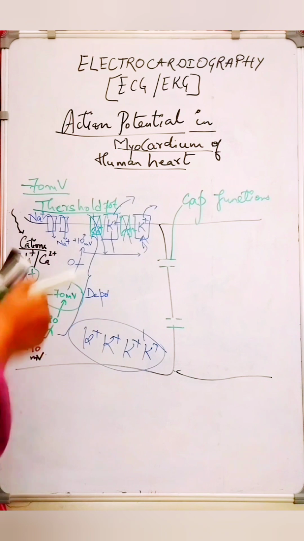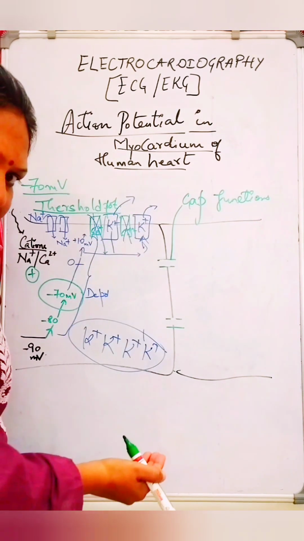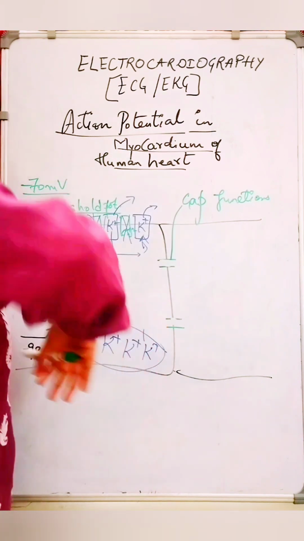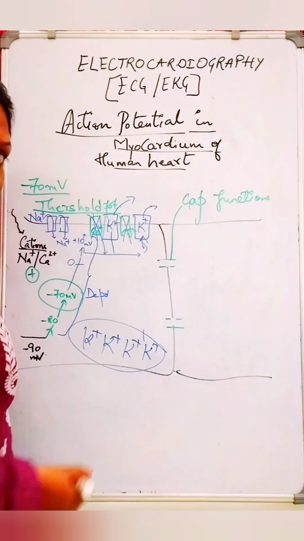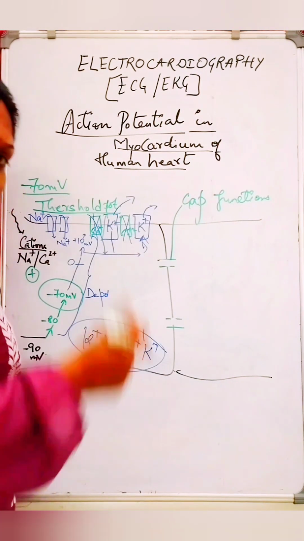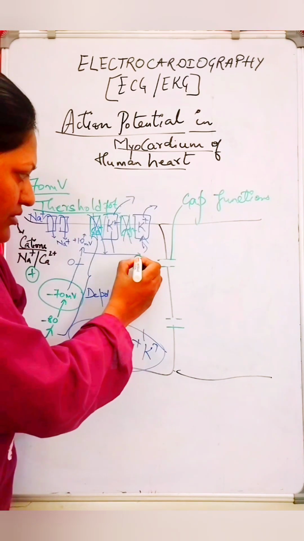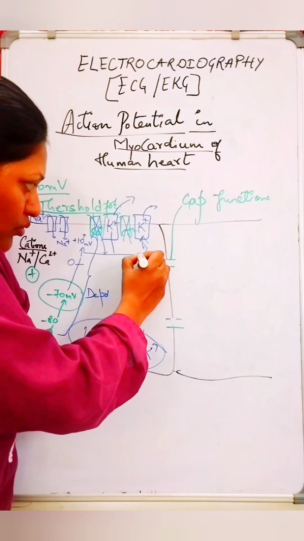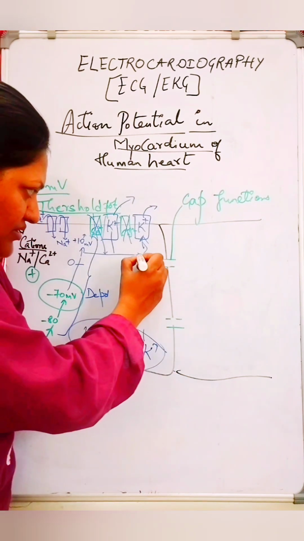Calcium is not coming inside, so no positive charge is coming in, only potassium is moving out, efflux of potassium ions is taking place. So this plateau which was flat will tend to move downwards.